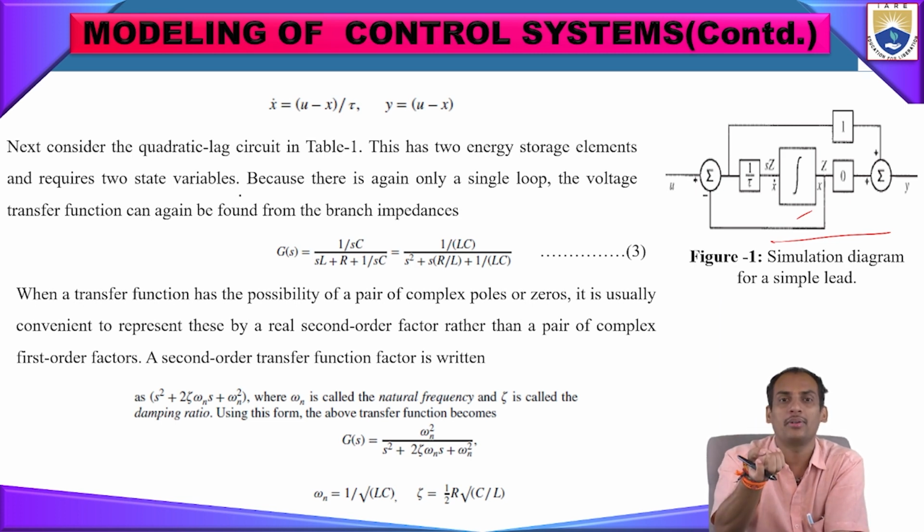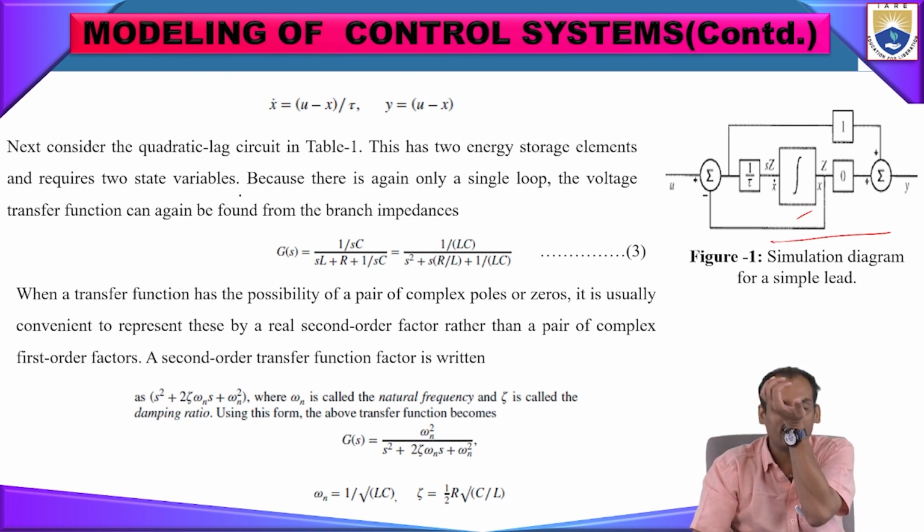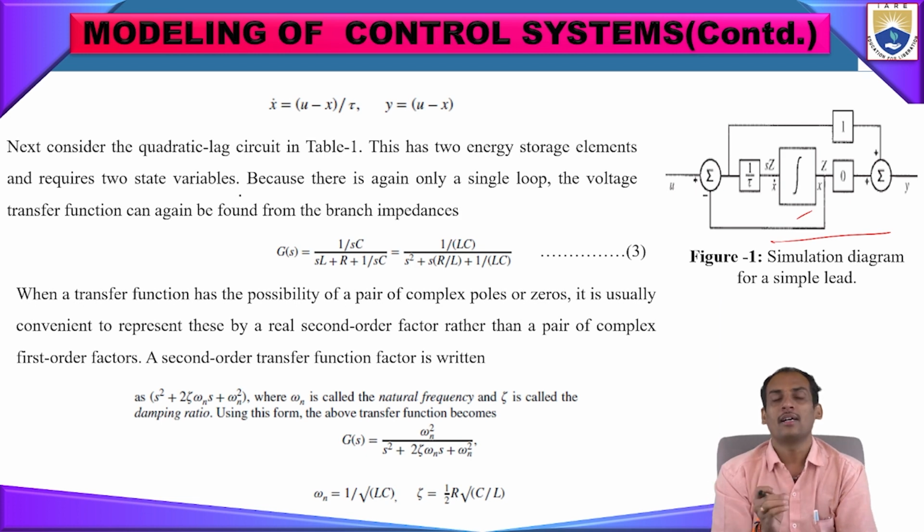In the root locus plot, what are the imaginary values, what are the real values. Accordingly we can show the behavior of that function. After getting that behavior mathematically, we can get the frequency response and time response also.